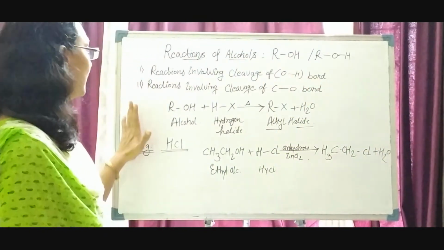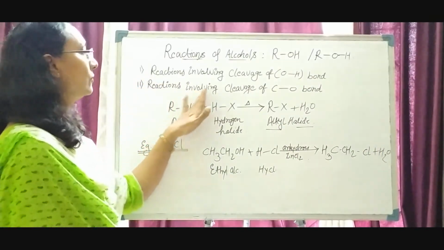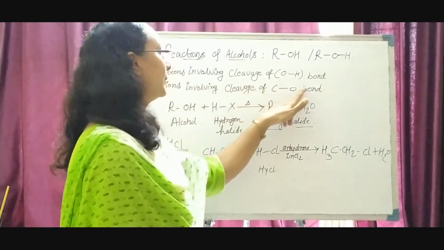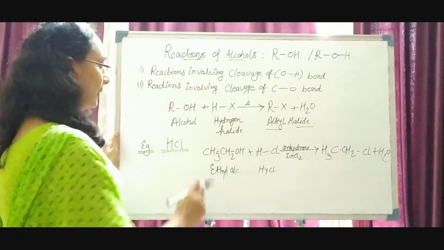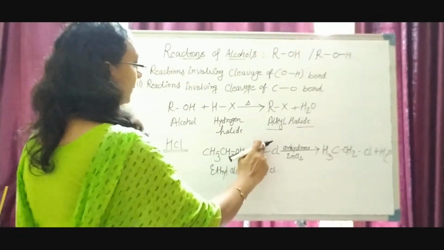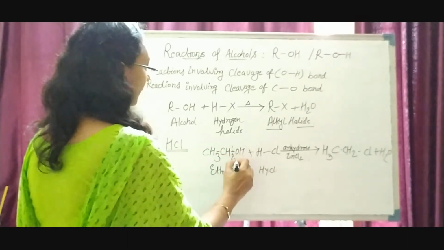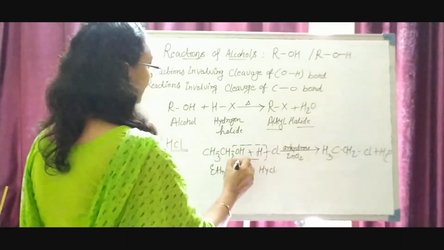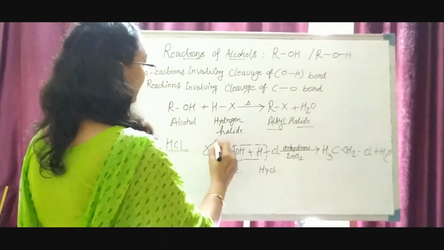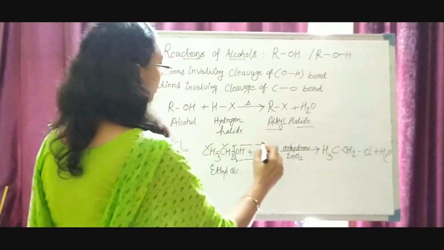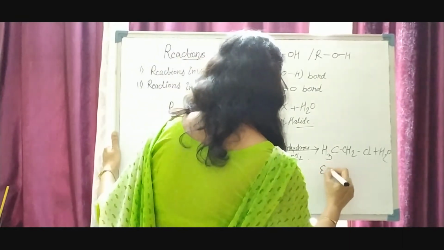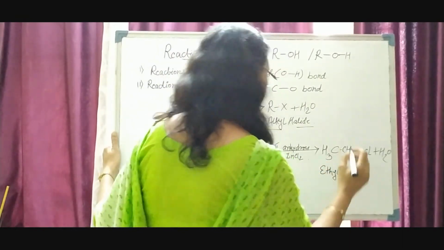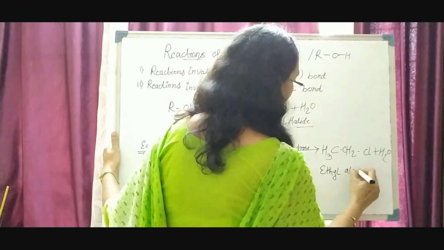Is it clear? So in the reactions which involve the cleavage of the carbon and oxygen bond, you can see here clearly the cleavage of carbon and oxygen bond. So you are left with CH3CH2Cl, that is ethyl alkoxide.